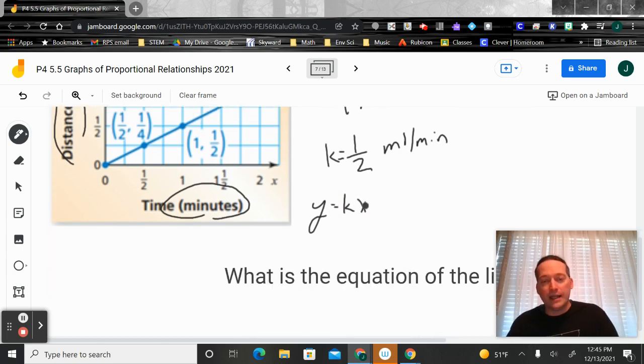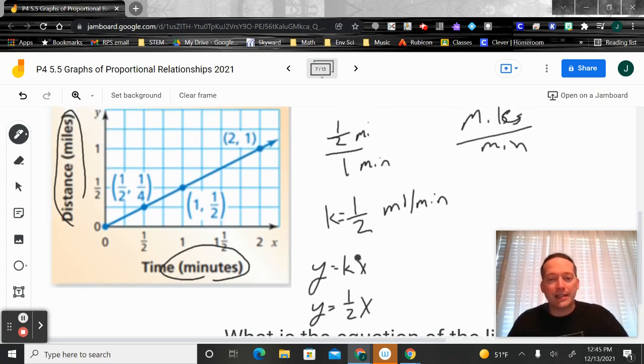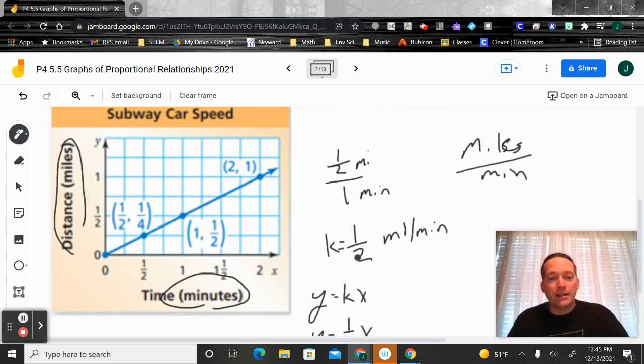So y and x always stay as variables, right? They don't change. However, other variables that are in there, we change. K changes. So what goes in here? 1/2. So this will be y equals half x is my equation. And what it means is that the subway car goes 1/2 mile every minute.